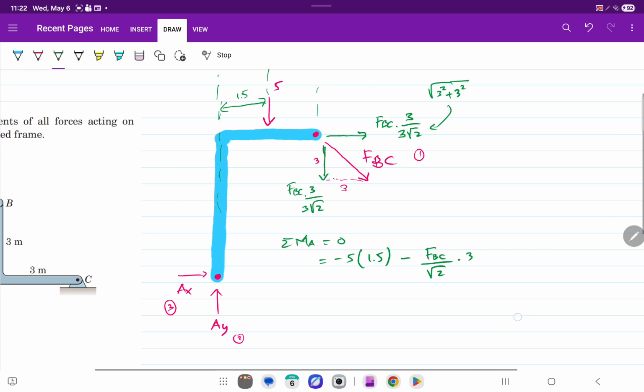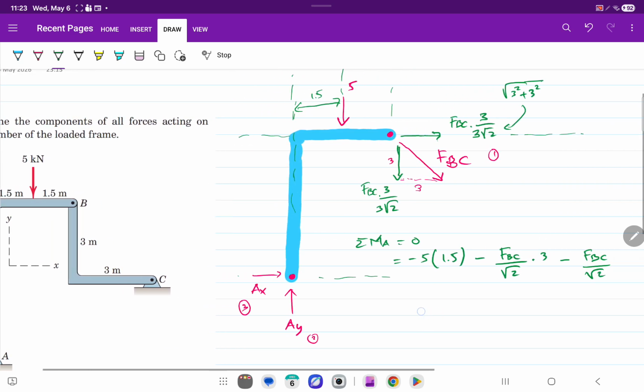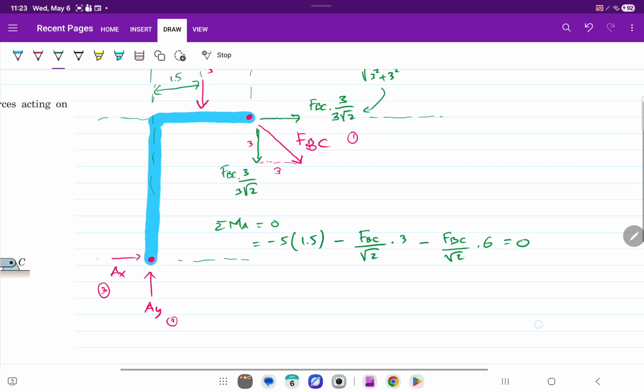Yes, the one above also creates a clockwise moment, so minus FBC over square root of 2 times the distance from here to here. How much is that? 6, equals 0.